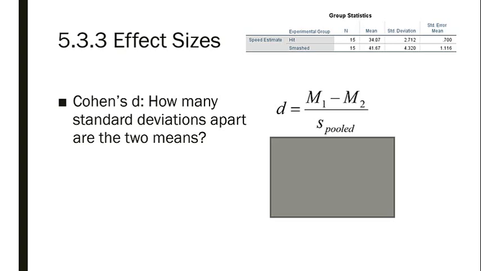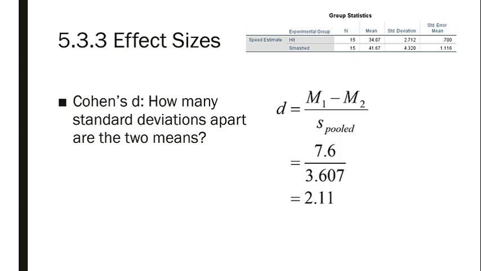Well, we got that difference between the two means from the t-test table, or you can just subtract 41.67 minus 34.07 and then divide by the value we just calculated. So we get 7.6 divided by 3.607, which is approximately equal to 2.11.